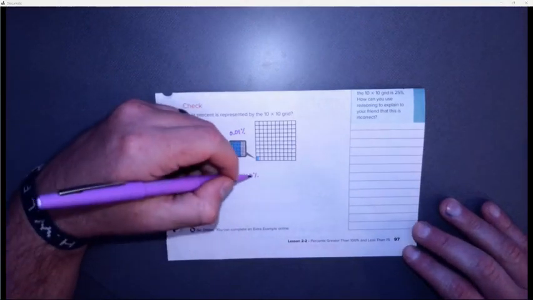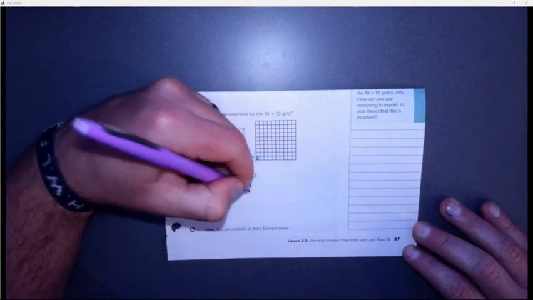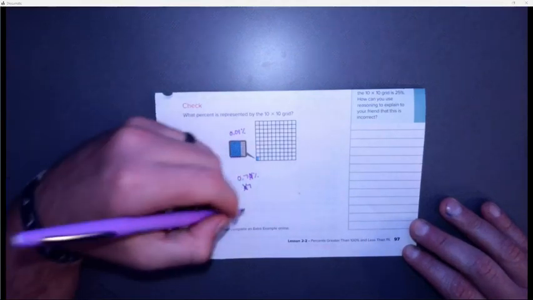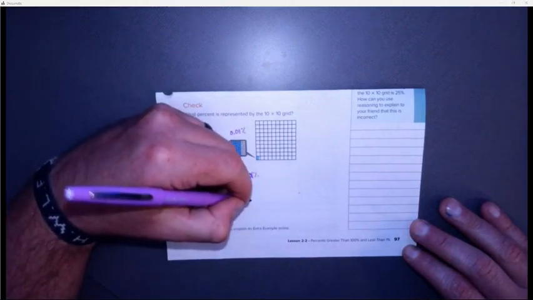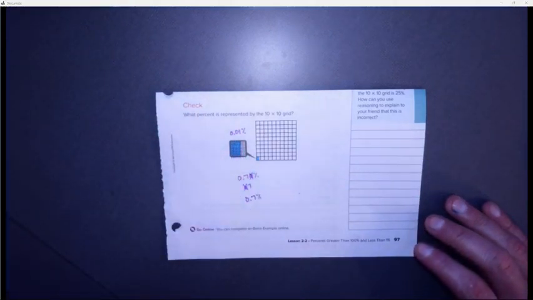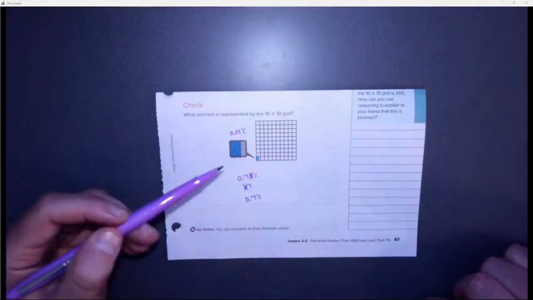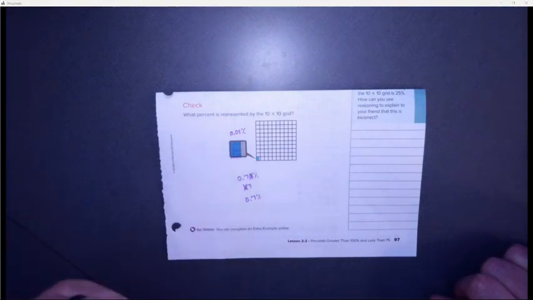This 0 is very unnecessary. It'd be like me writing 0.7 for the number 7. I don't need that 0 there. So I want to write this percent that's represented by 0.7% or 7/10 of a percent. Or we could still say it as 70 hundredths of a percent, since we know it's 70 of the 100th tiny squares that make up a whole percent.